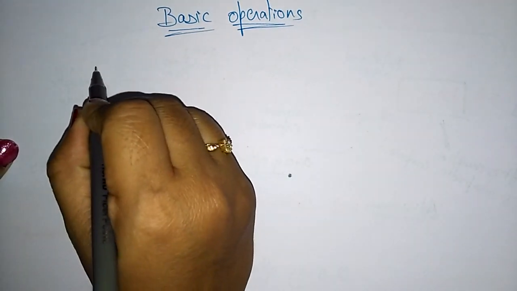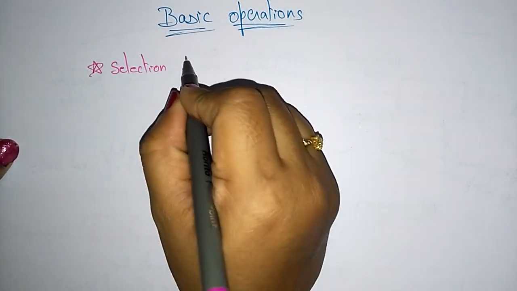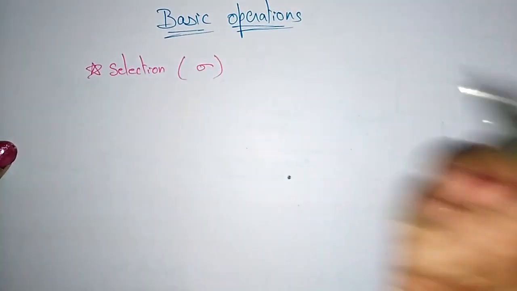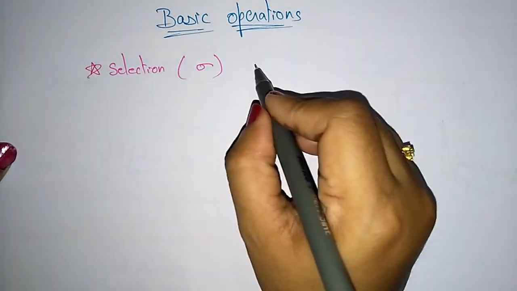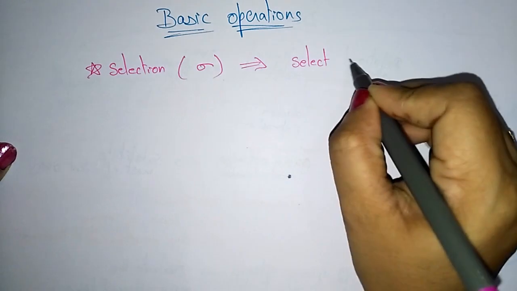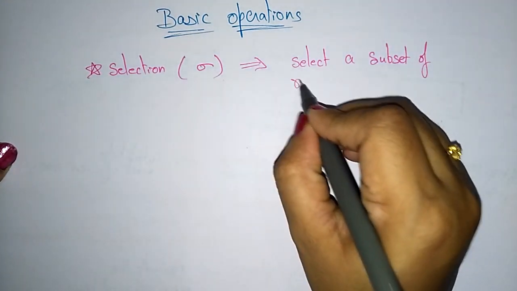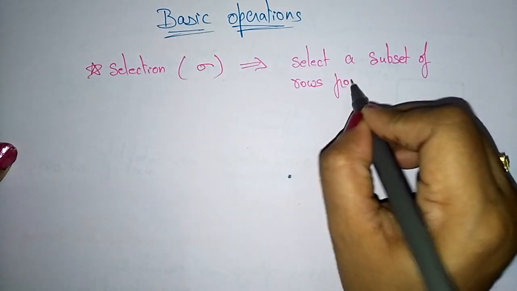So, the first one is selection. For selection, we use this operator, sigma. The main use of selection is to select a subset of rows from a relation.